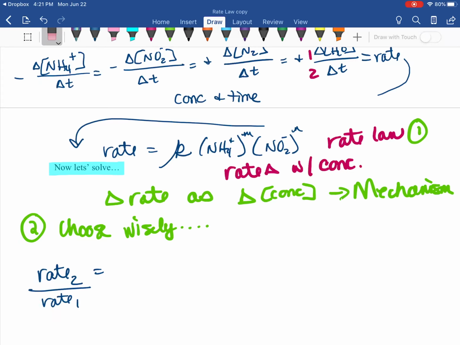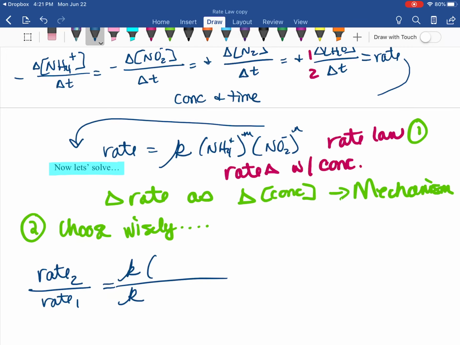I typically choose the higher rate to be on the top. Just makes your math easier. And then our rate law is going to be a rate constant times that ammonium.